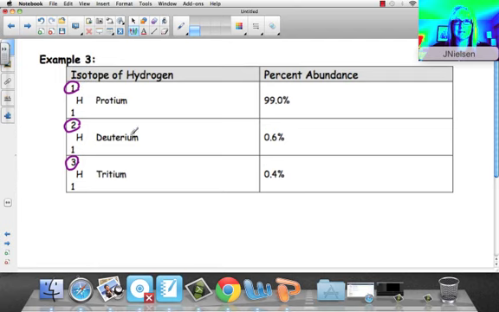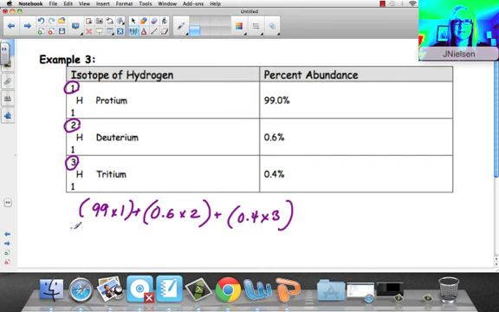If deuterium were 99% and these numbers were reversed, then when we calculated the average mass, our answer would be closer to 2. So I'm going to do this by just leaving that in percent form. So it's going to be 99 times a mass of 1 plus 0.6 times a mass of 2 plus 0.4 times a mass of 3.